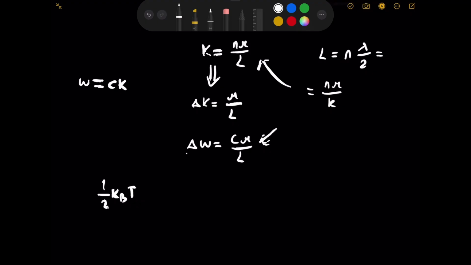One depends on x squared and the other depends on v squared. So both of them, by the equipartition theorem, contribute a half kBT to the energy on average, and that means that in total there is a kBT contribution from each mode. Okay?